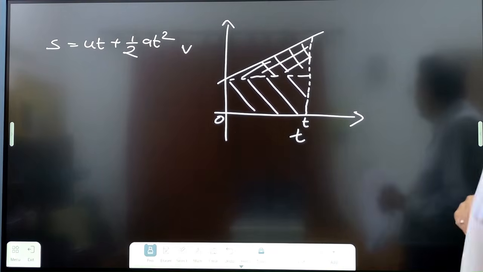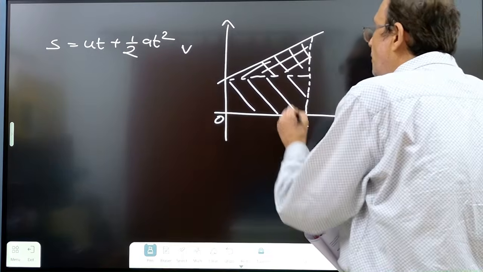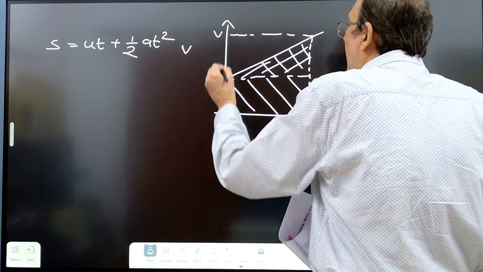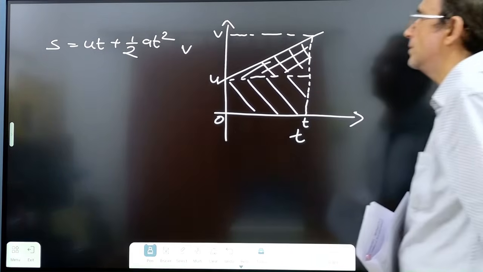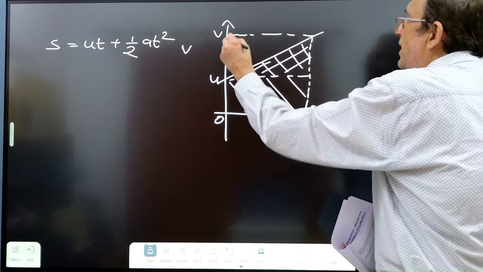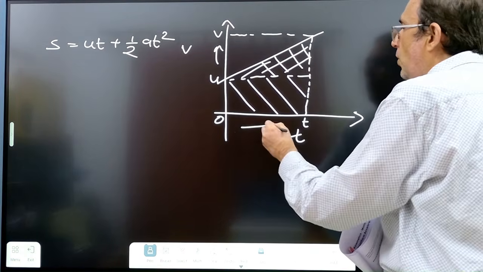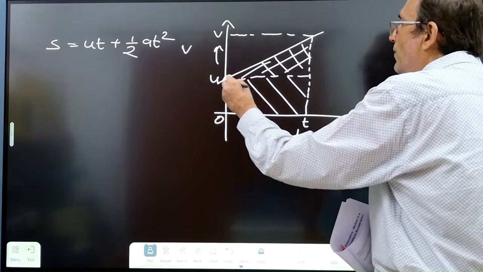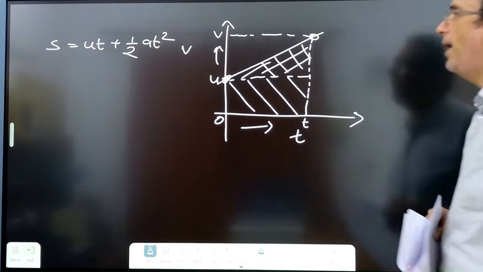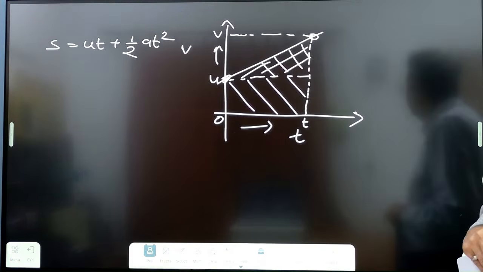This is the total area under the graph from 0 to t, and the velocity is changing from u to v. So from here to here, the velocity is changing from u to v, and the time is changing from 0 to t. The area under the graph is given by the area of this rectangle plus the area of the triangle.